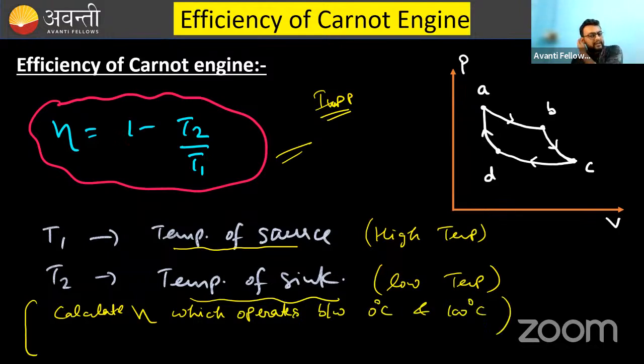So can you identify which is source and which is sink? Which is T2 and which is T1? The temperature which is high is T1. The temperature which is low is T2. Clear?